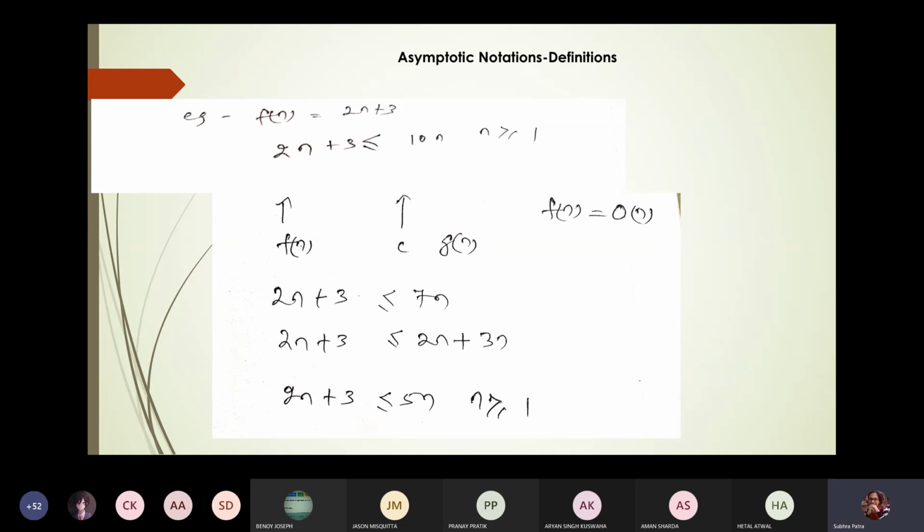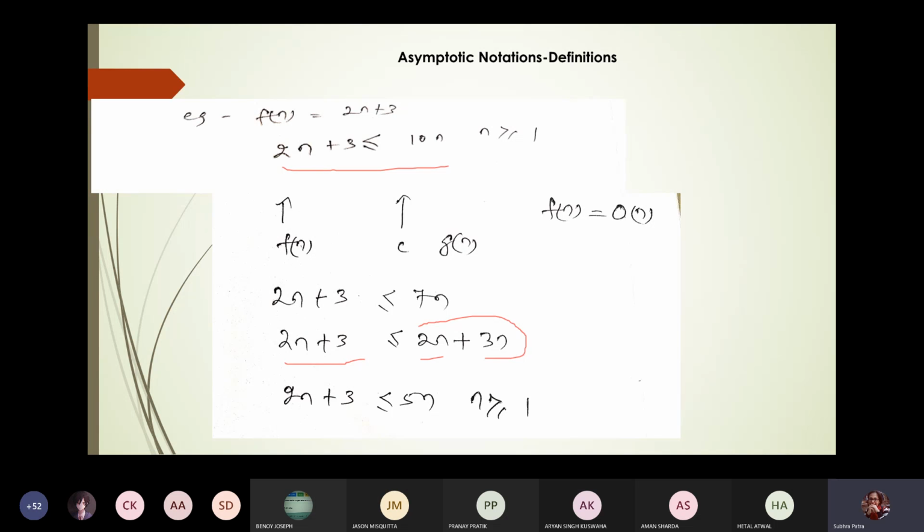What we are doing here is, we have taken less than or equal to 10n. Now let's suppose we take 7n. Here we are taking 2n plus 3 less than or equal to 2n plus 3n, so that means we are getting 5n.